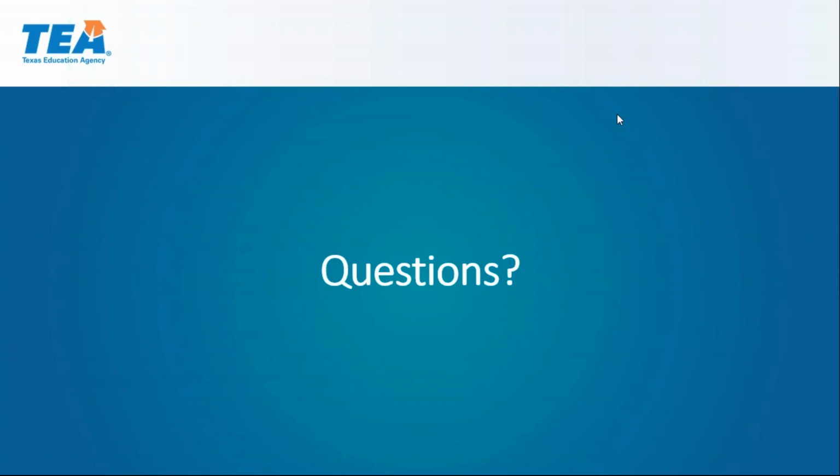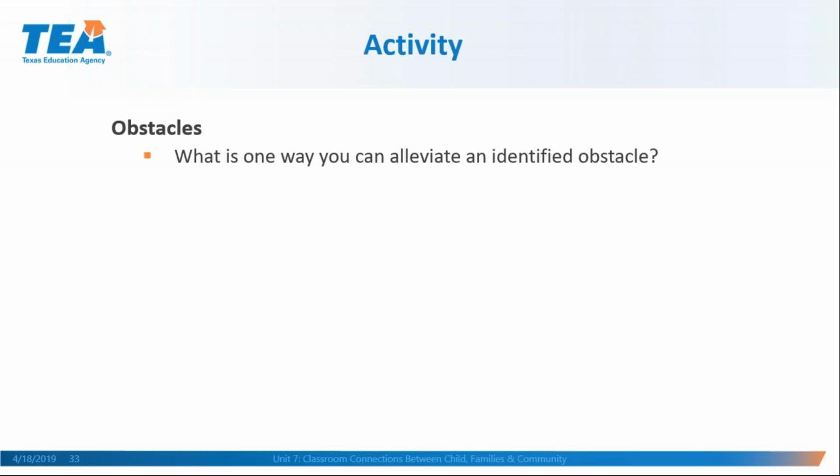So let's move on and talk about what we want to do for our activity for this unit. I would really like you to do a couple of things. One is to really try to identify an obstacle.